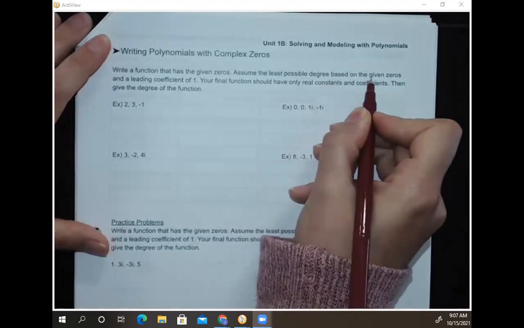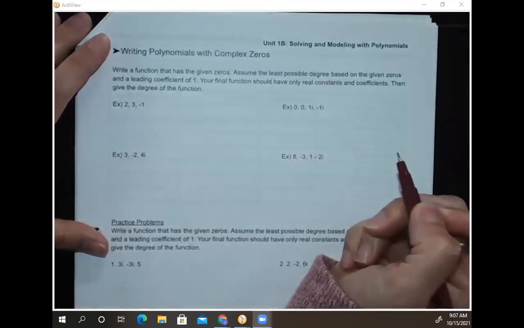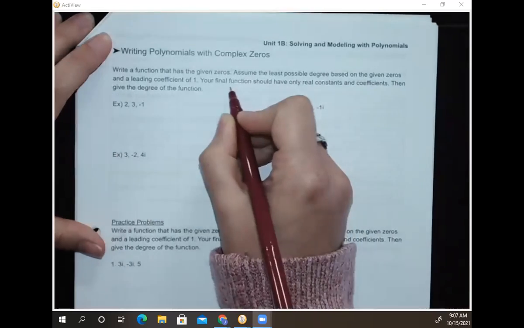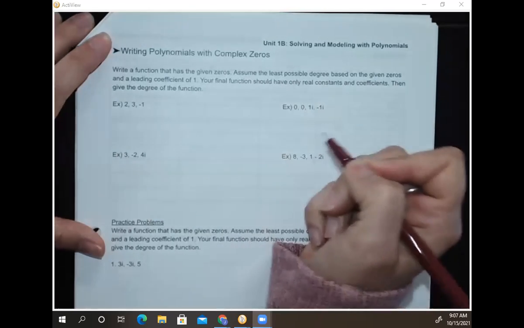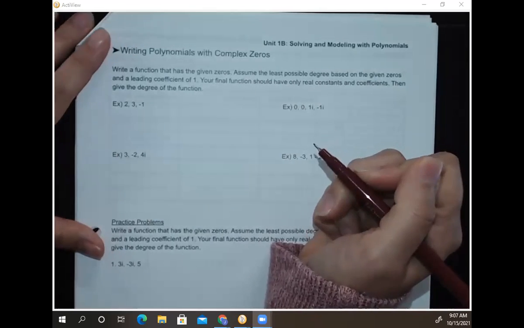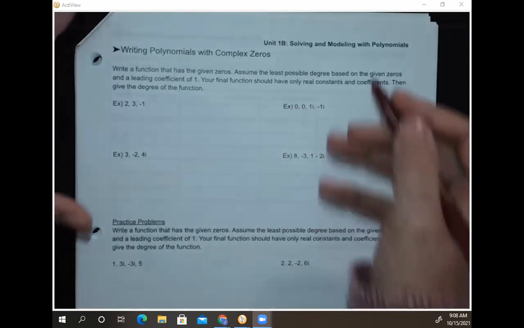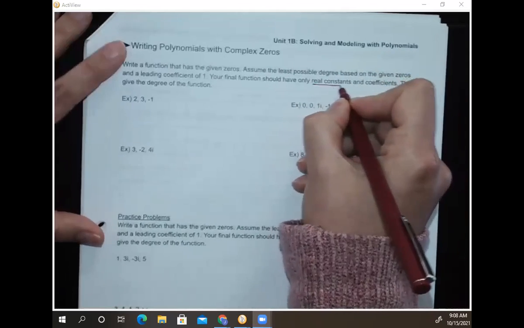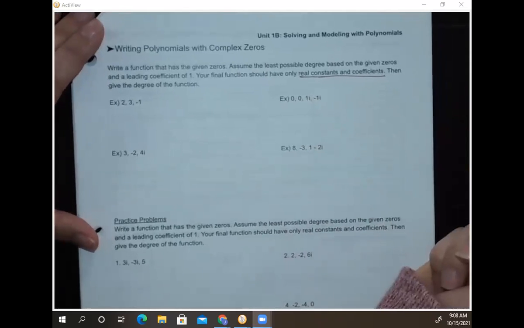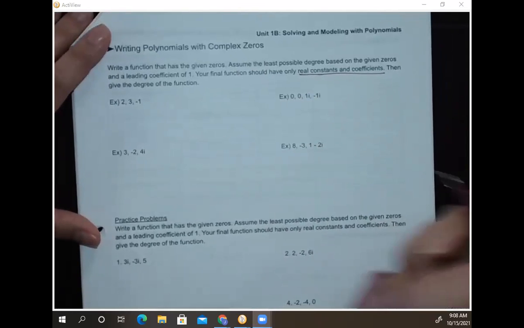Assume least degree possible based on the given zeros and a leading coefficient of 1. And then here's the extra part that we'll get because of our imaginary zeros. Our final function should be in all real numbers. We don't write polynomials typically with imaginary numbers. So my final answer should have only real constants and coefficients. And then we'll talk about that in just a second.